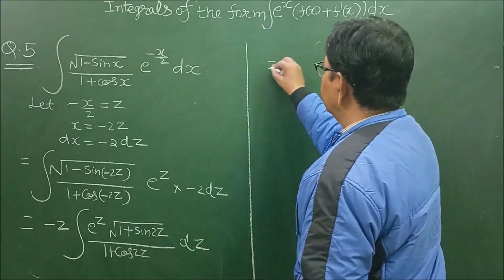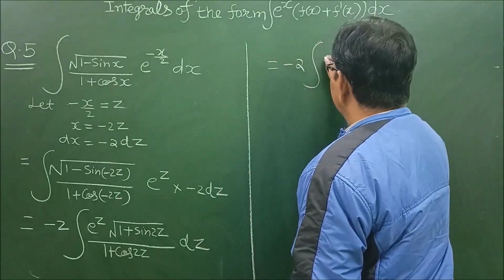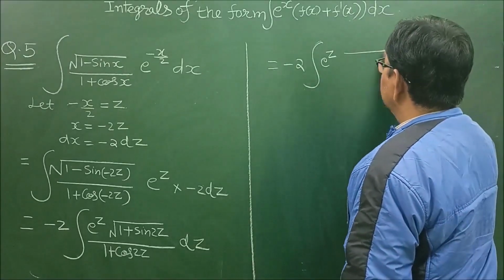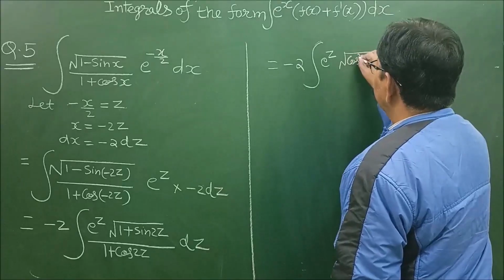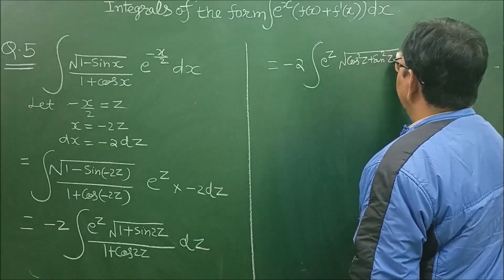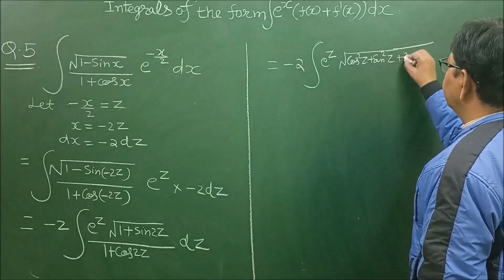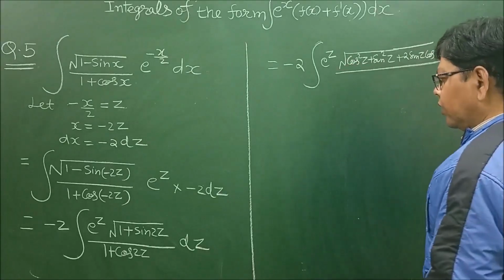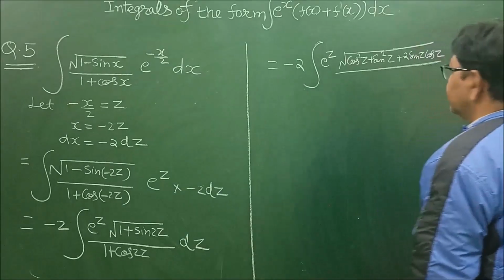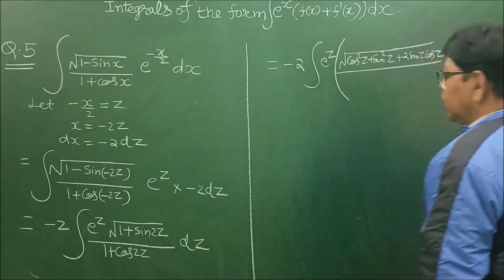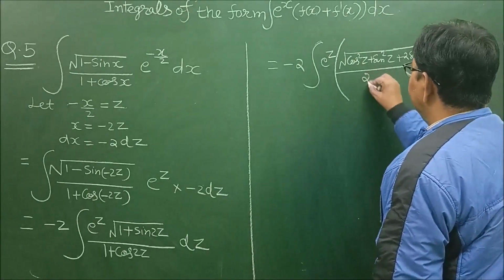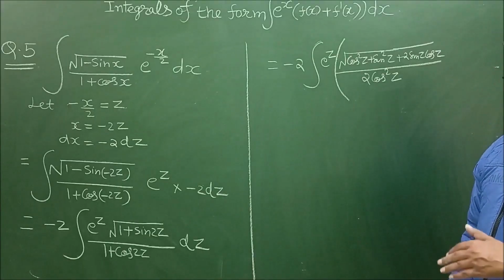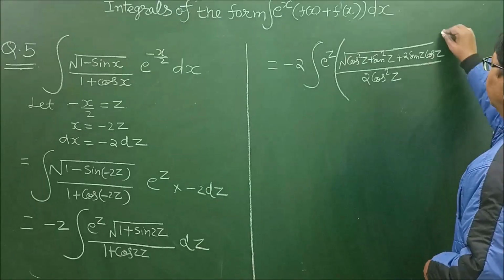So this integral now is equal to minus 2 integral of e raised to the power z, and this 1 plus sine 2z is equal to 1, which is cos square z plus sine square z, plus sine 2z is 2 sine z cos z, upon 1 plus cos 2z. 1 plus cos 2z is equal to 2 cos square z, using the trigonometry formula cos 2z is equal to 2 cos square z minus 1, the 1 gets cancelled, and dz.